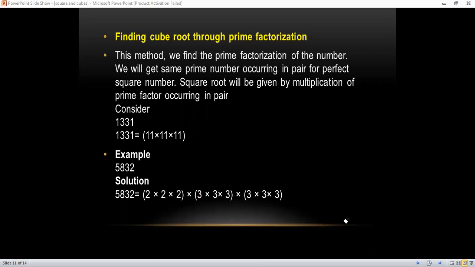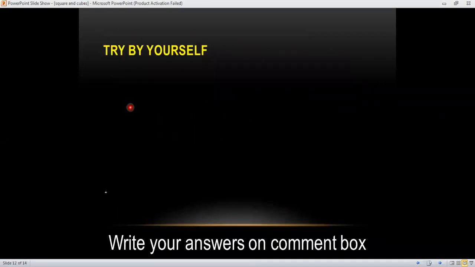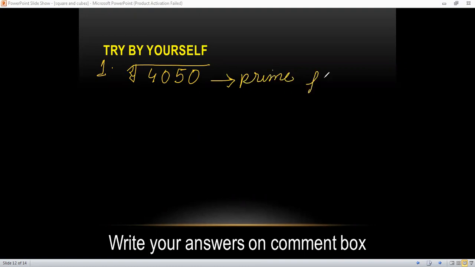Now next, I am going to give you 3 questions. You will solve them on your own and write the answer in the comment box. This one you have to solve by using the prime factorization method.